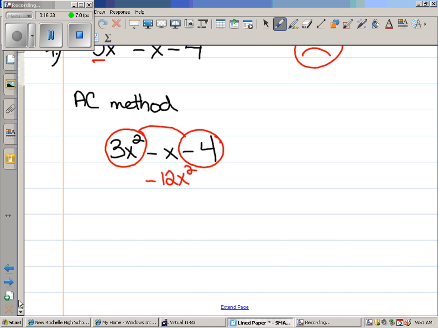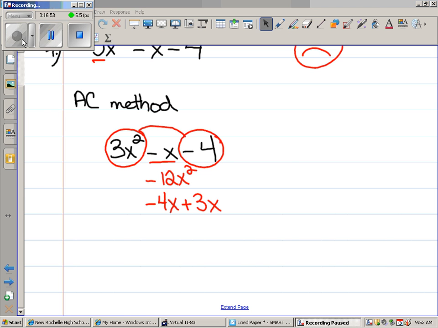That really matters that you get that correct. So it's going to be negative 4x and positive 3x, right? They multiply to be negative 12x squared, but they add to be this middle term right here.